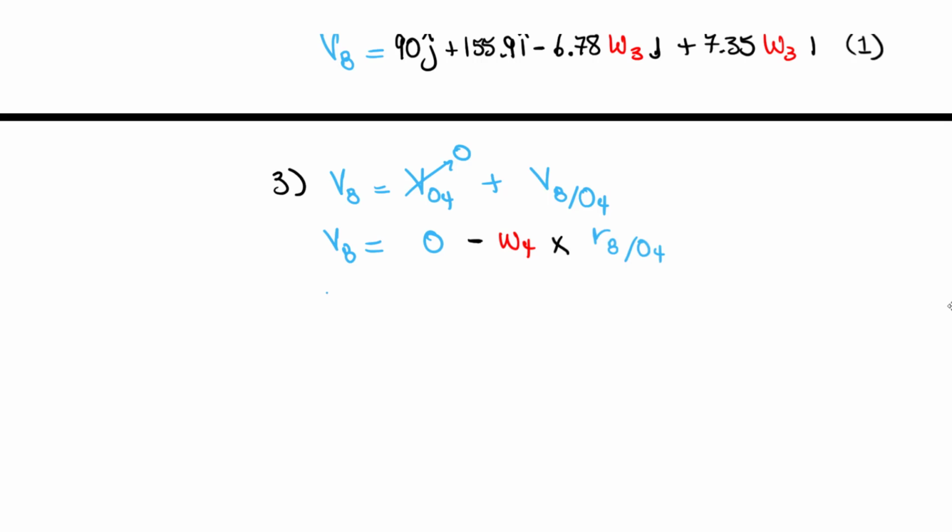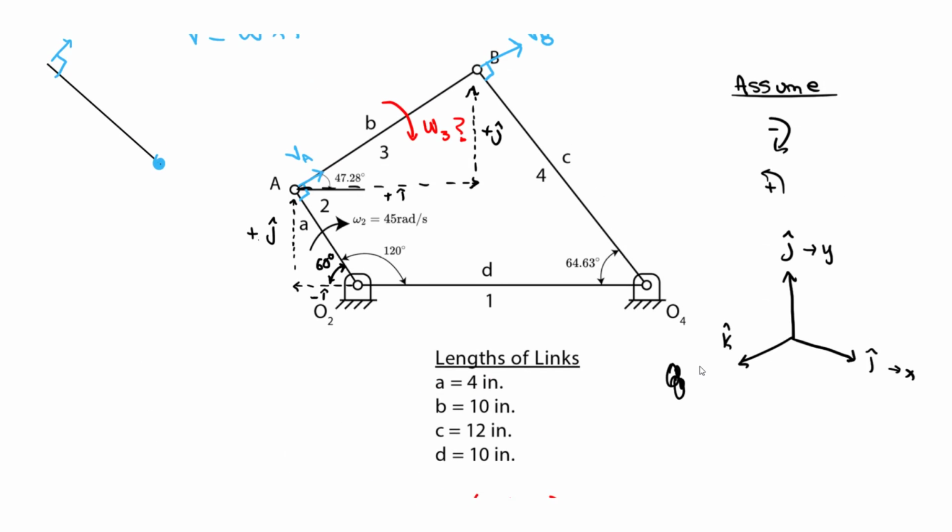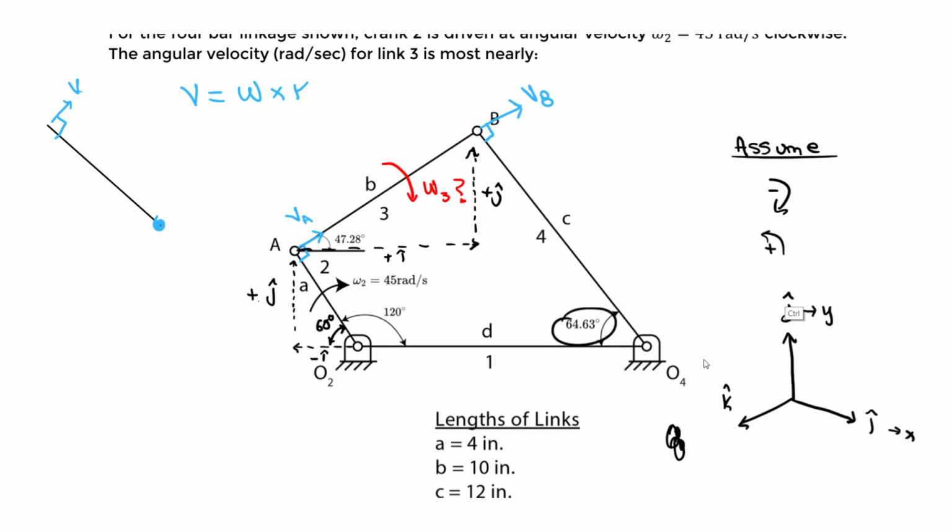Breaking this down, the velocity at B equals negative omega 4, which is in the K direction, so negative omega 4 in the K hat direction. Then we cross it with R B with respect to O4. It's a position vector, and what you can do is just use this angle. We start at O4 and go to B, so you go negative in the I. We go negative this way, so it's negative I hat.